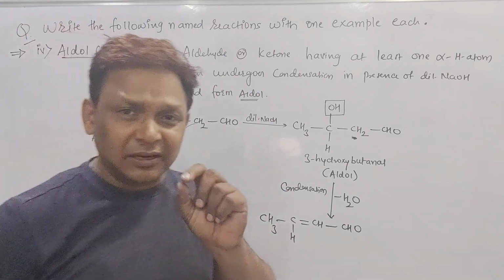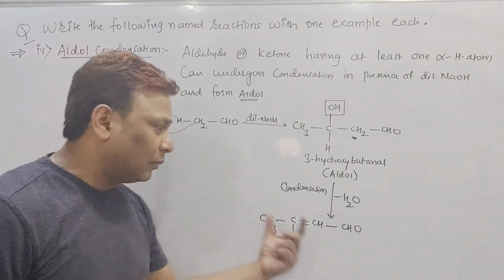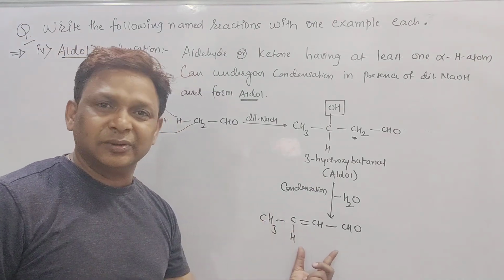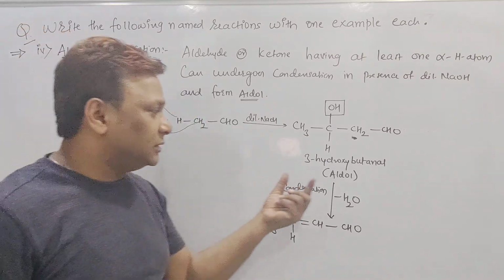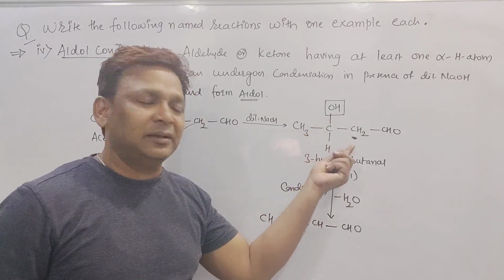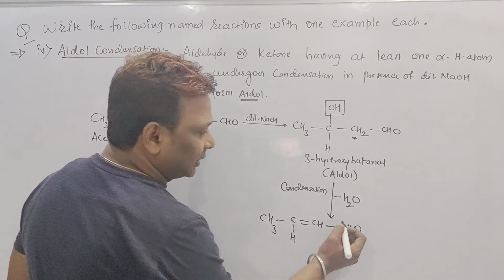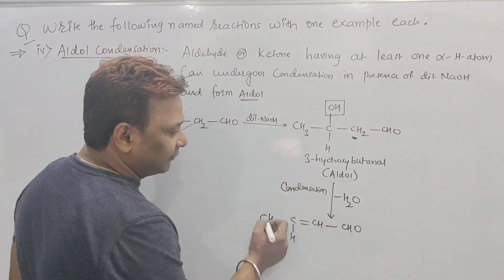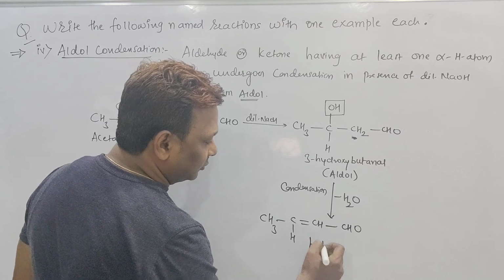Do you remember initially I wrote the reaction? How beta? With 2 moles, I directly took out the water molecule and made the final product, this one. But they are asking us to make the aldol. So this is the aldol. Condensation means removal of a water molecule; we did it and got the aldol condensation product. If you want to give the name, we can give 1, 2, 3, 4. So 1, 2, 3, 4 means we can write BUT.